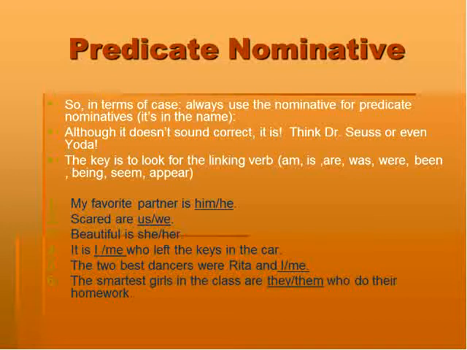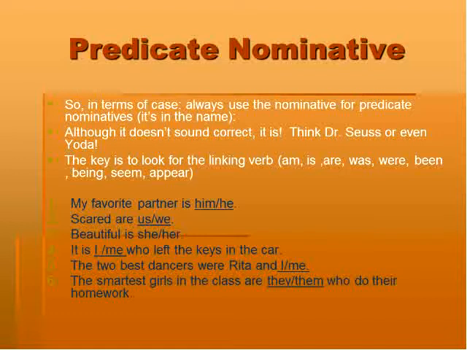So refer to your handout here. You're using only the first box. So my favorite partner is... you're going to use the first one here. So just remember, if they're referring to the predicate nominative, you're using only that box.